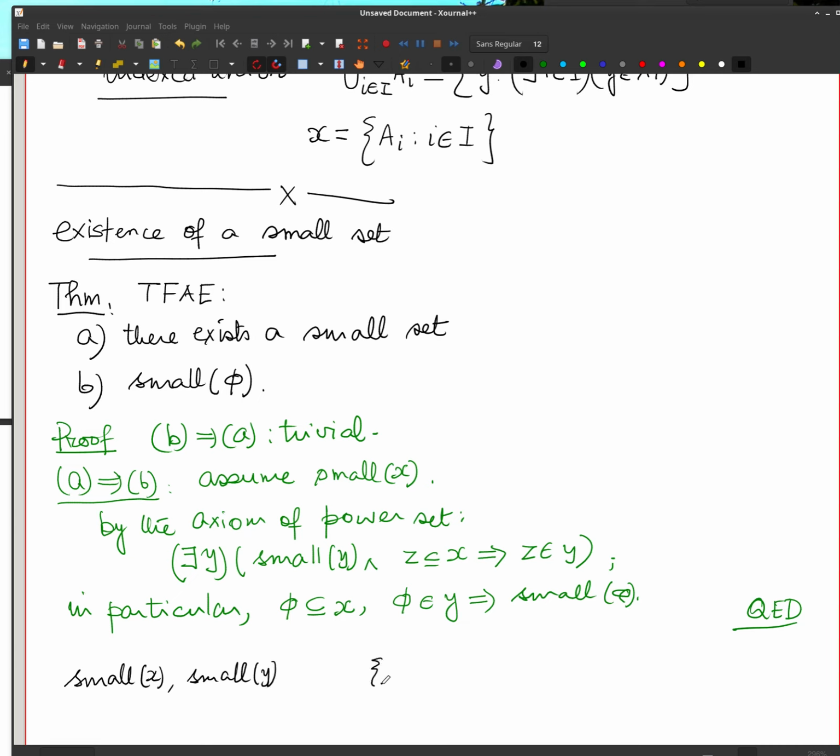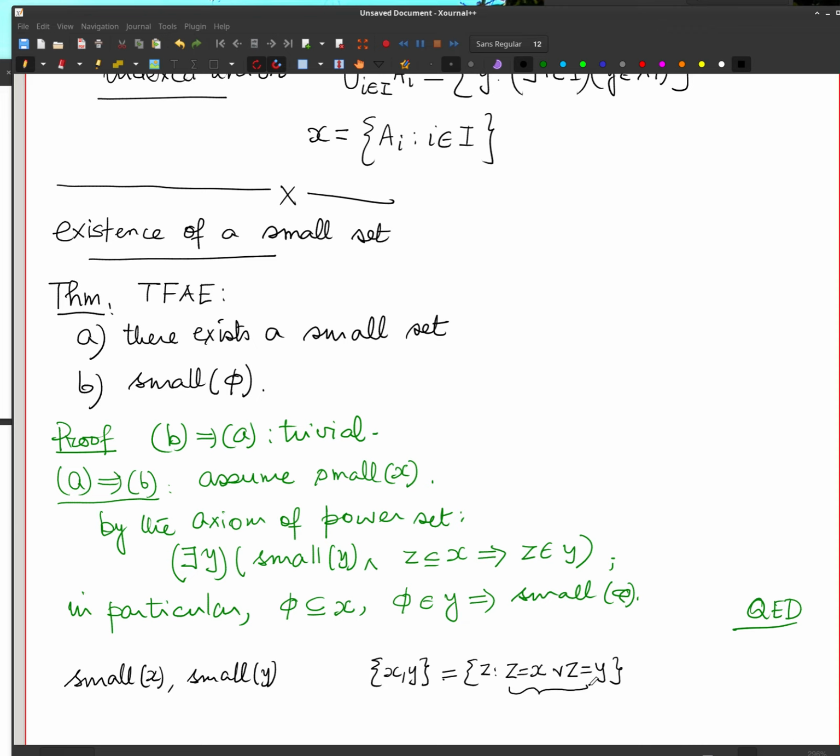Now, how do you say that this is small? Well, you can make this set obviously, because that is your axiom which tells you that you can make this set. This set is exactly this set. This is a formula. When you have chosen your x and y, x and y are fixed.